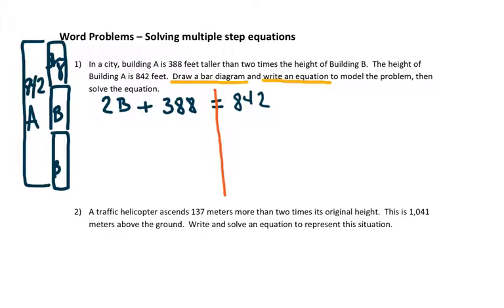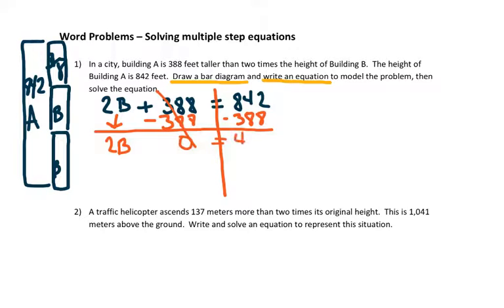We need to get the variable by itself, so we need to subtract 388 first from both sides, and that is the subtraction property of equality. We drop the 2B down. 388 minus 388 is 0, so those cancel each other out. And then on the right hand side, when we do that subtraction, we get 454.